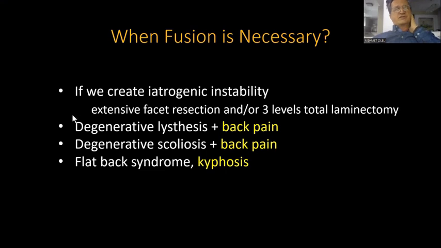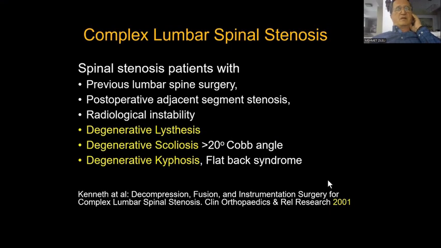Then, when is fusion necessary? If you create iatrogenic instability, that is, after extensive facet resection and/or 3 levels of total laminectomy, degenerative listhesis plus back pain, degenerative scoliosis plus back pain, and flat back syndrome or lumbar kyphosis.